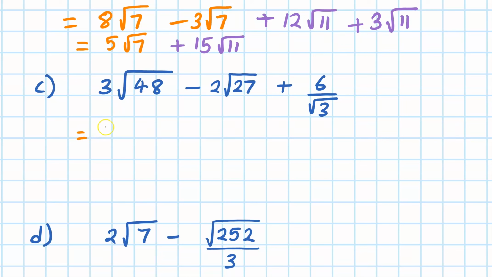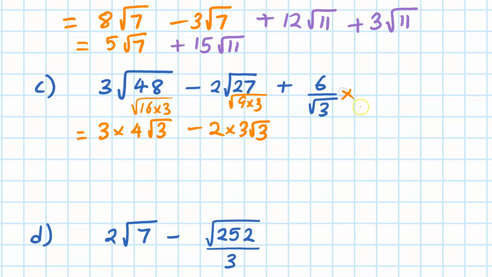Here we are going to look at 3. What is 48? Well, 16 times 3, that gives me 4 root 3 minus 2. Here we have root 9 times 3, that gives me 3 root 3. Square root of 9 is 3.